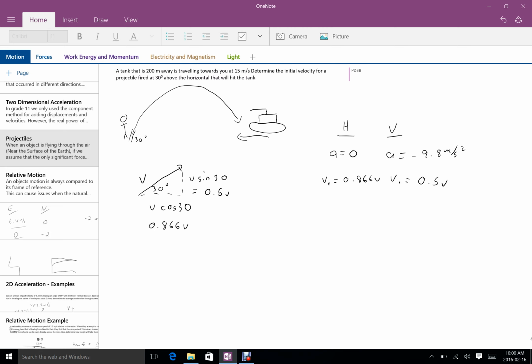The displacement in the y direction, even though this tank has some sort of height, it's relatively small in comparison to the height of the overall projectile. So we're going to say the displacement is pretty close to 0.